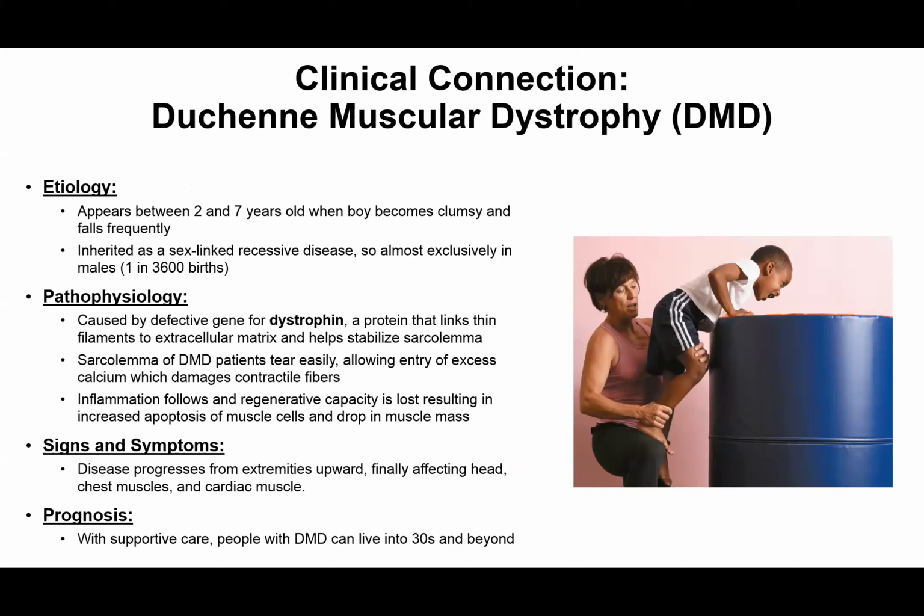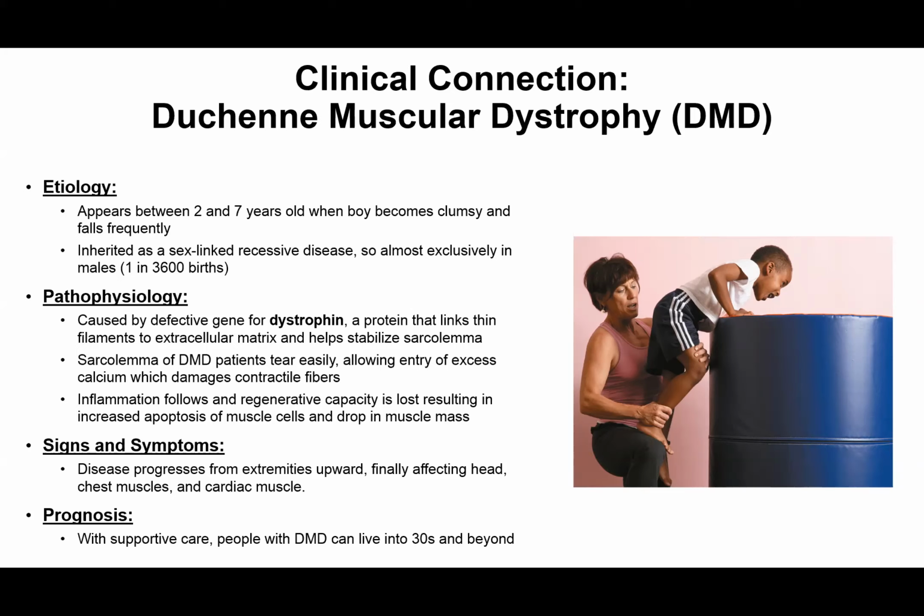So here's why dystrophin is important, because there are diseases that can present when dystrophin is a non-functional protein. Duchenne muscular dystrophy, also called DMD, is caused by a defective dystrophin gene. A gene is what makes a protein, so if the gene is defective, then you can't make the protein properly.